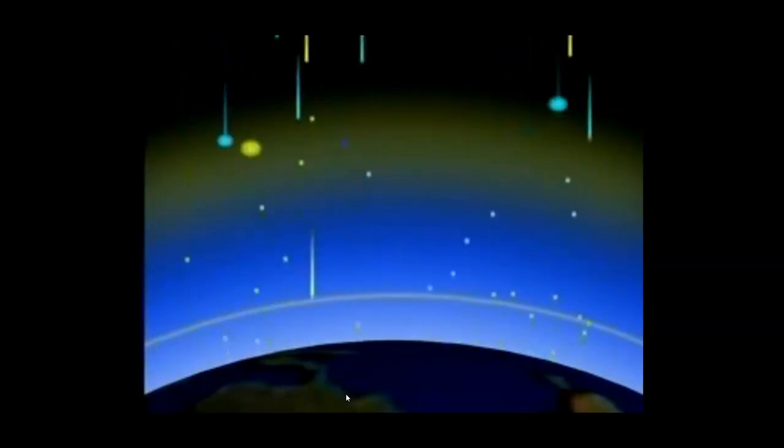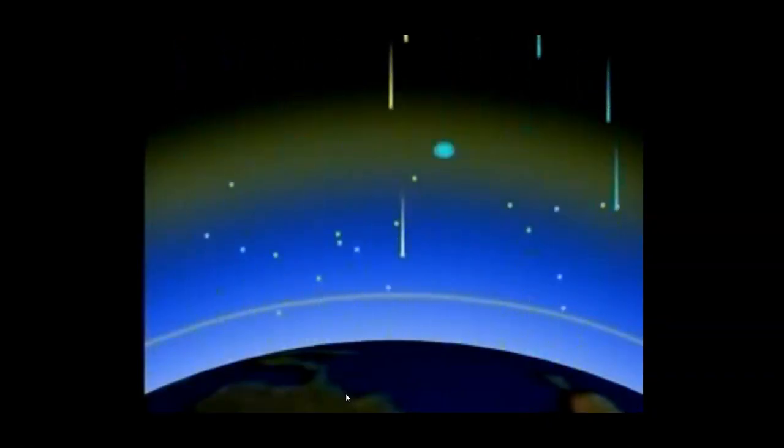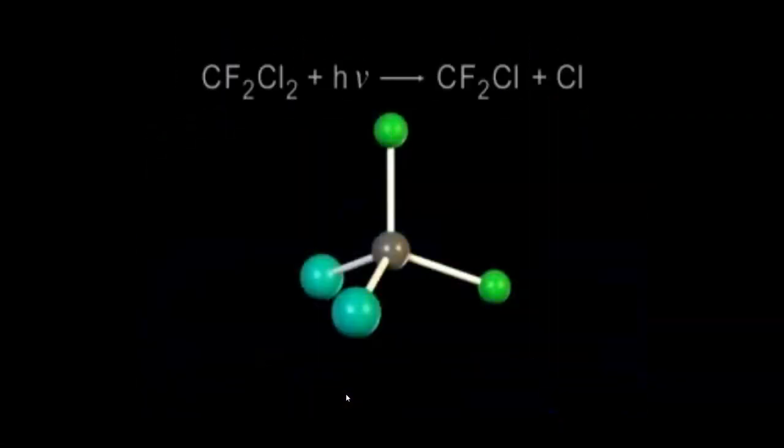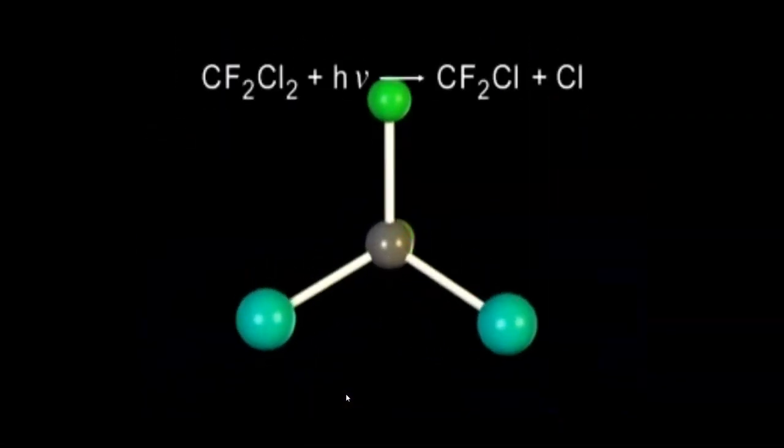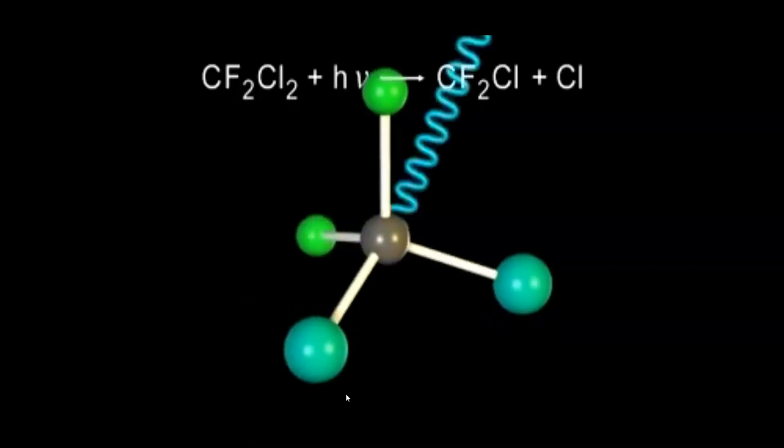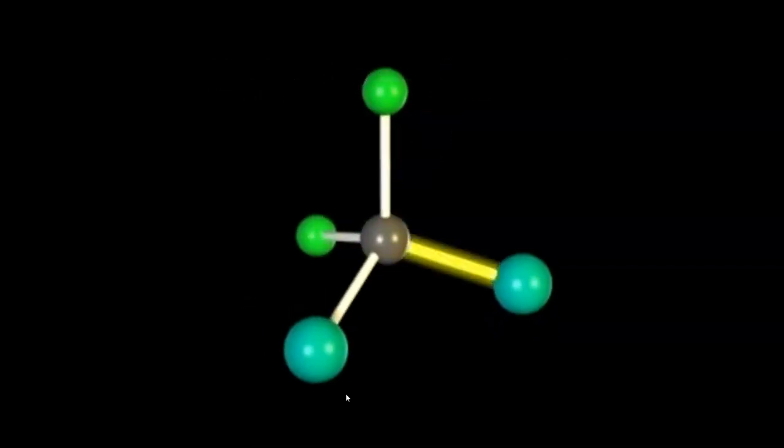Chlorofluorocarbons, or CFCs, are very stable molecules in the lower atmosphere. Over a period of years, they slowly diffuse into the stratosphere. In the stratosphere, the CFCs are subjected to energetic ultraviolet rays that can cause rupture of the carbon-chlorine bond.